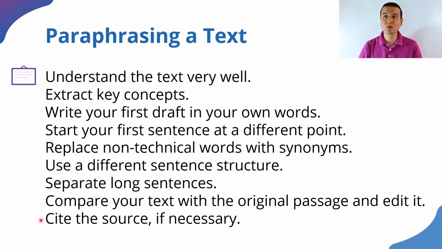You can say, according to this author, and then you say that. Actually, that is a very good practice. If you're quoting what your mom said, you say, according to my mom, I have to be home at 7 p.m., for example. So you can always cite the source, and that will give you another element of variation in your paraphrasing of a text. All right? I have an example here for you.